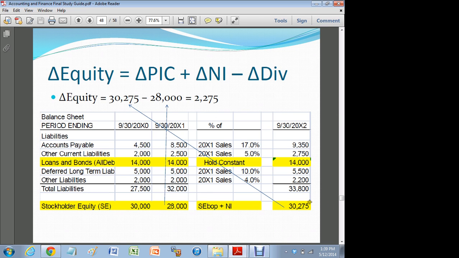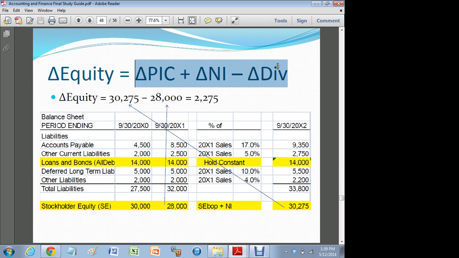So we got this number with the new assets and liabilities. And once we have the end of period equity, we can take the change in equity by taking the two numbers on the balance sheet. So this 2275 is the change in equity, but we also know that it's also equal to this. Because if we just take away all the deltas, that's an identity.